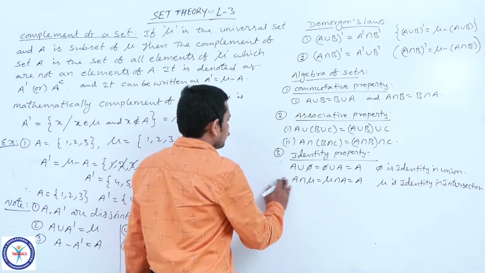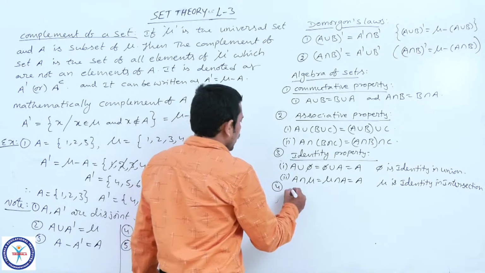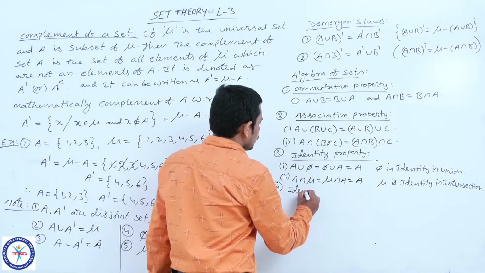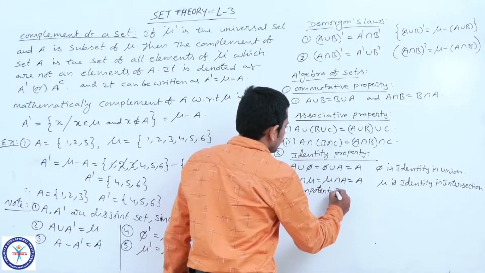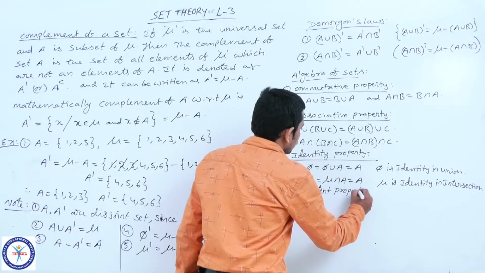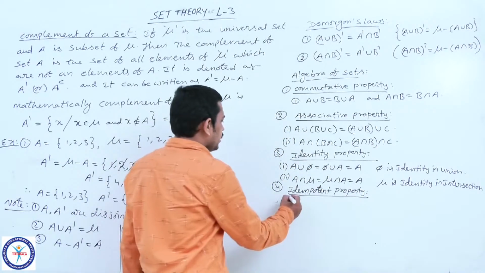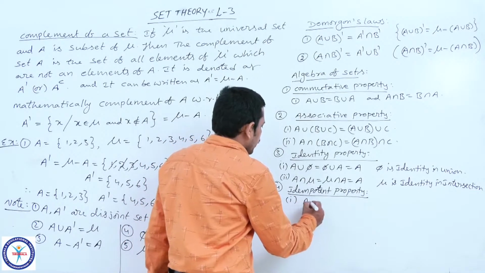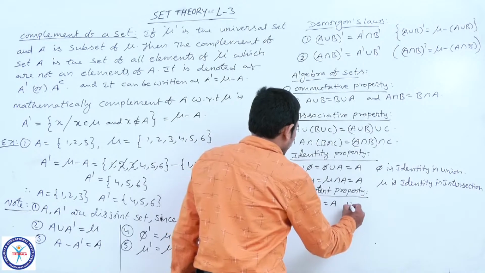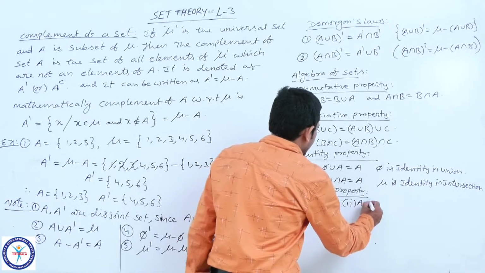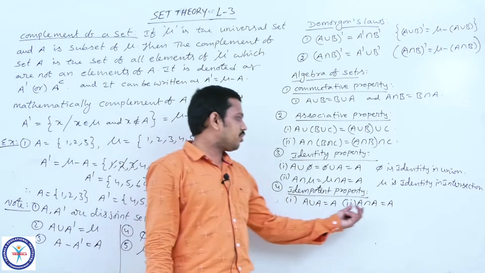Next one, the idempotent property. What is the idempotent property? With respect to union, A union A is equal to A, and A intersection A is equal to A. This is called the idempotent property.